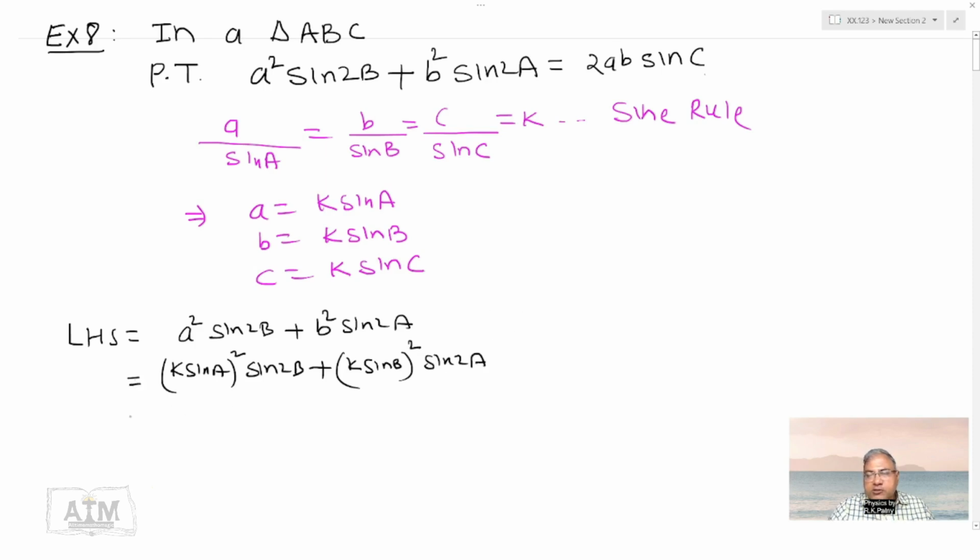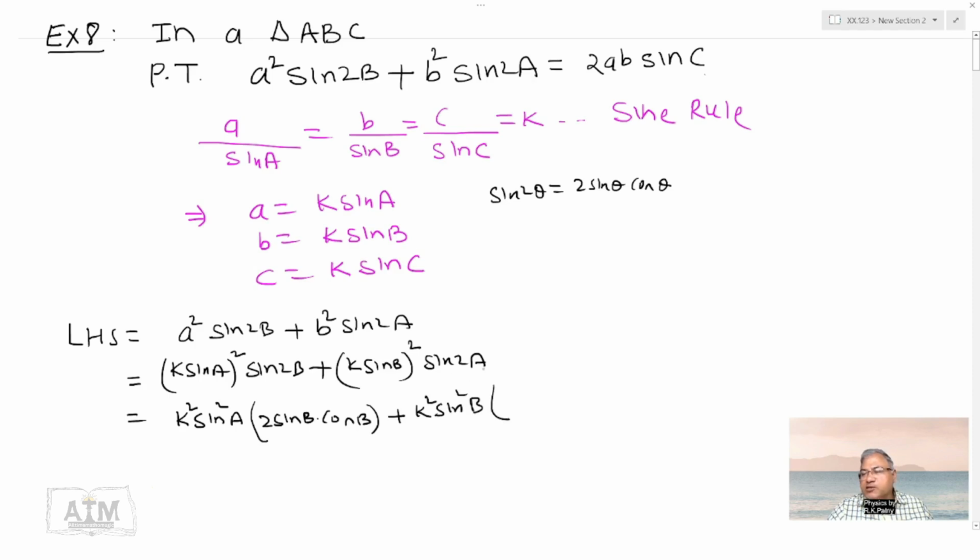So this equals K square sin square A, and sin 2 theta can be written as 2 sin theta into cos theta. Therefore, sin 2B can be written as 2 sin B into cos B, plus K square sin square B, and in place of sin 2A we can write 2 sin A into cos A. After that, we will first remove the brackets, then take out whatever is common.